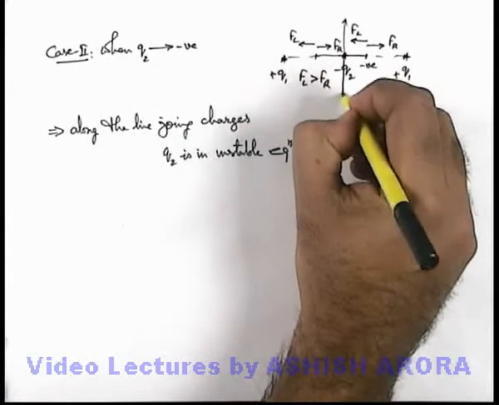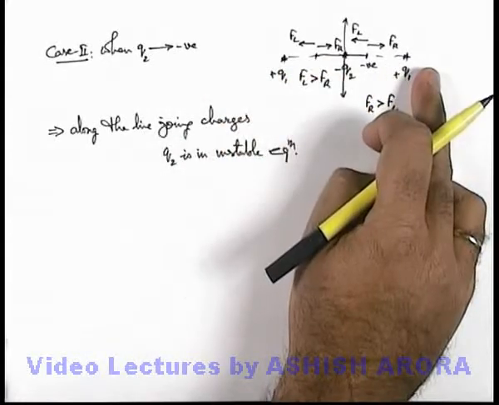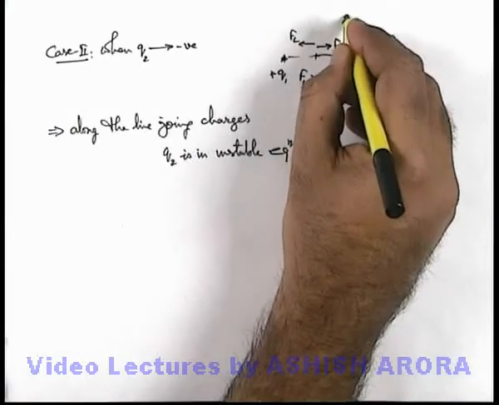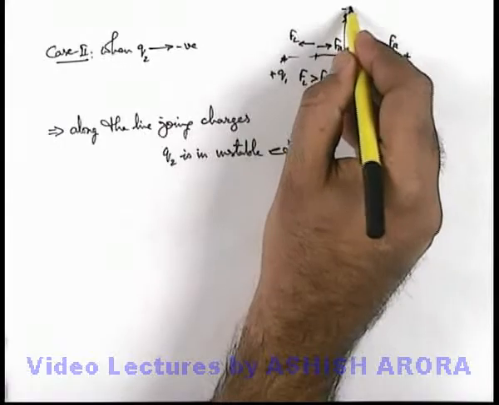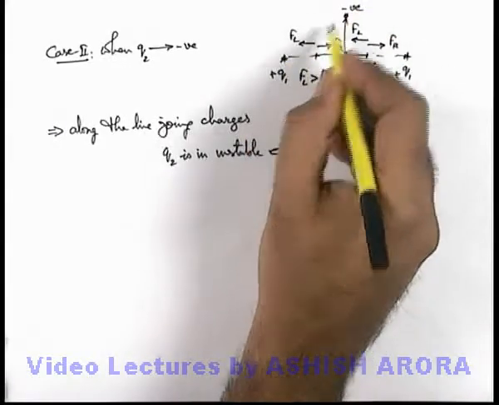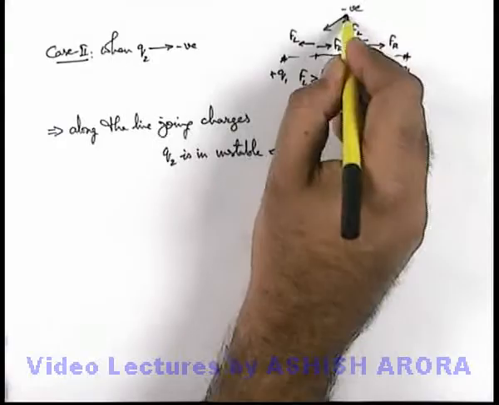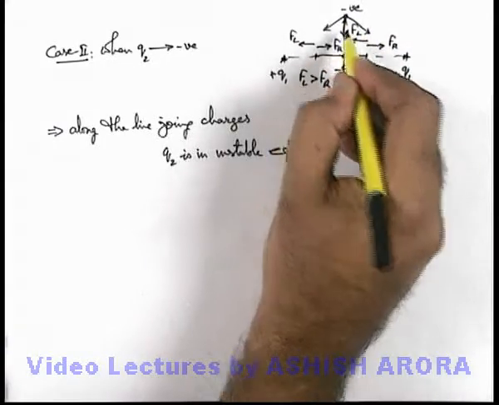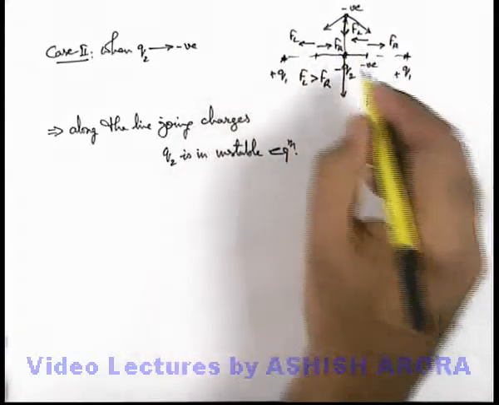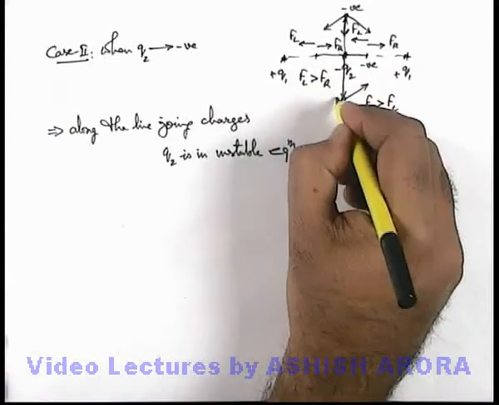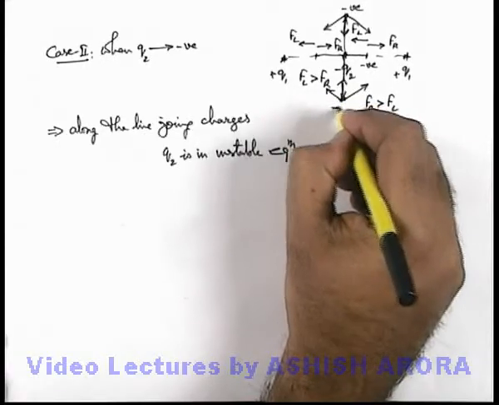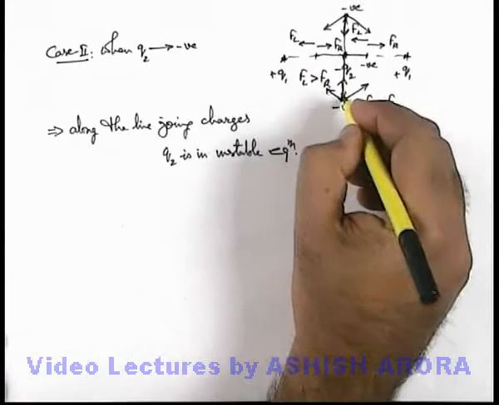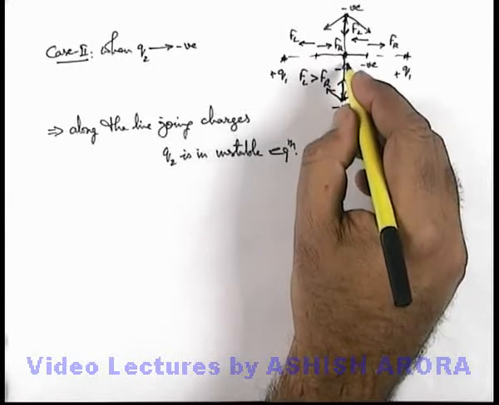Now if Q2 is displaced perpendicular to the line joining the two charges, say slightly upward, then as Q2 is negative, this positive Q1 will attract it, and this positive Q1 will also attract it, and the net force acting on it will be toward the mean position. If it is displaced downward, the attractive forces due to Q1 will again act, and the resulting force on this negative Q2 will be toward the mean position. So it has a tendency to move toward the equilibrium position.